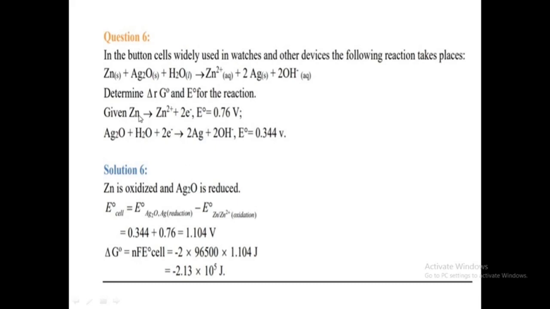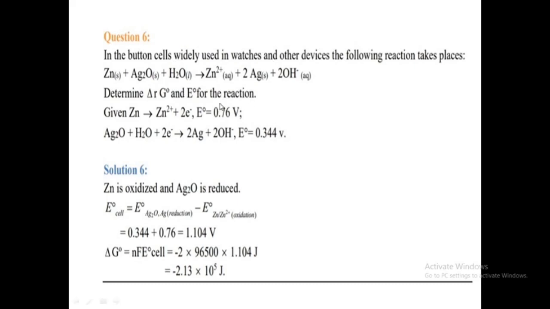For the reaction of zinc, the oxidation potential is given, but standard electrode potential means reduction potential, and we already know that the values of oxidation potential and reduction potential are the same, but their signs are opposite.